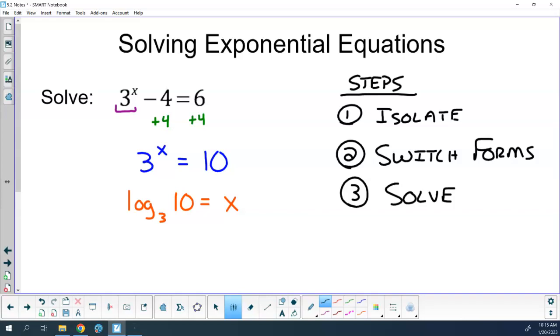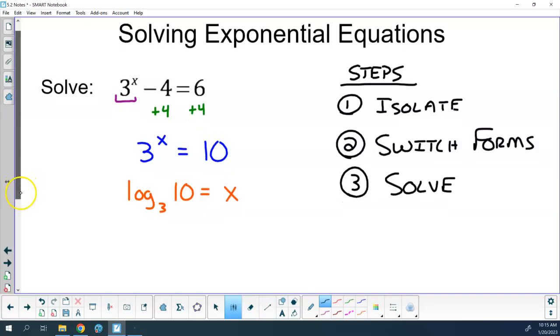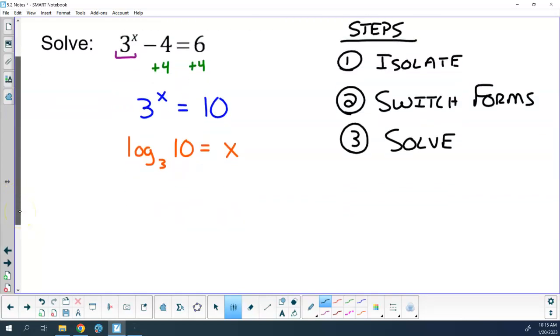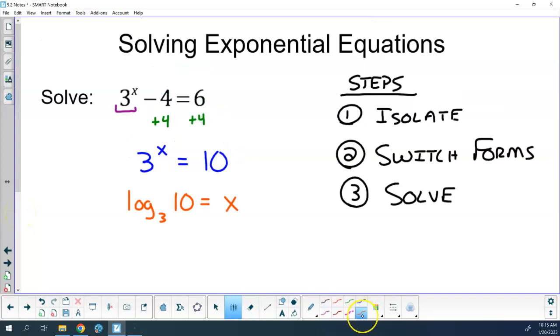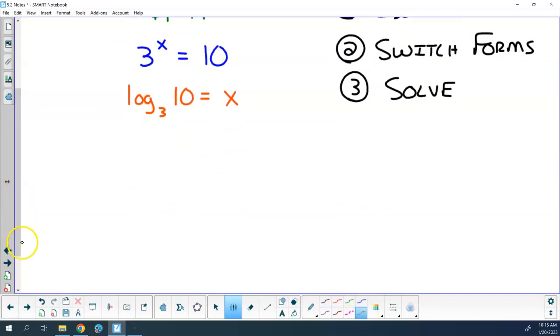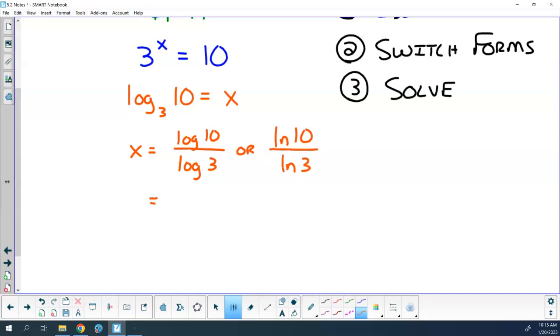So now we're going to use change of base on this one. And we're going to say here that x is equal to log of 10 divided by log of 3, or natural log of 10 divided by natural log of 3.